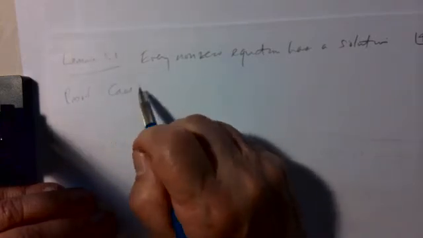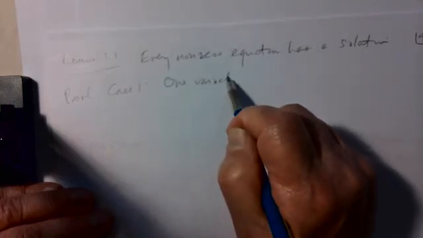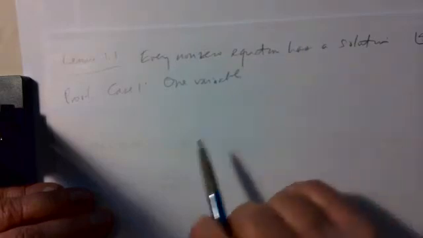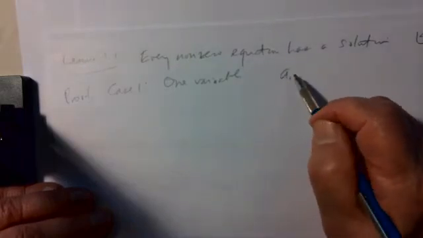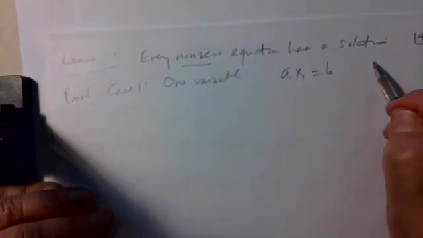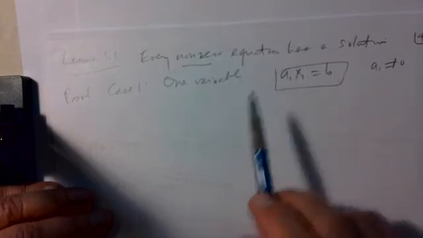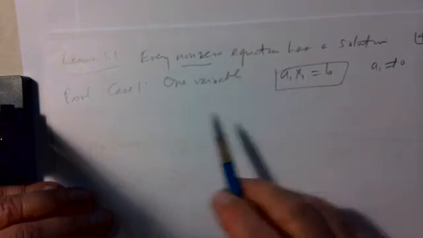In the first case, there's just one variable. So if there's only one variable, the equation looks like a1x1 equals b, and it's non-zero, means a1 is different from 0. And you learn in high school how to solve this equation.